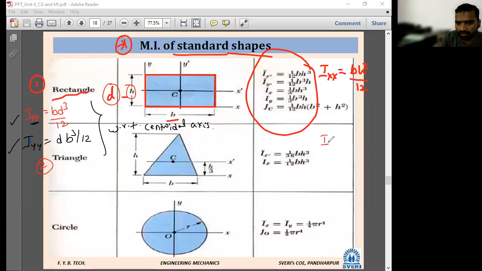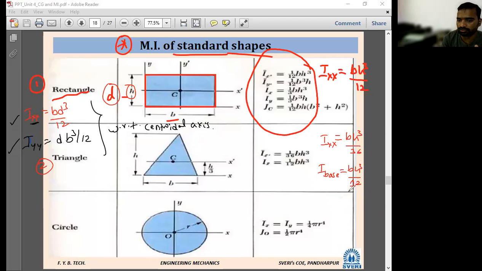So I about xx is equal to bh cube by 36. bh cube by 36. This is from the centroidal axis. Sometimes you should also know what is about the base. I about base is bh cube by 12. bh cube by 12.